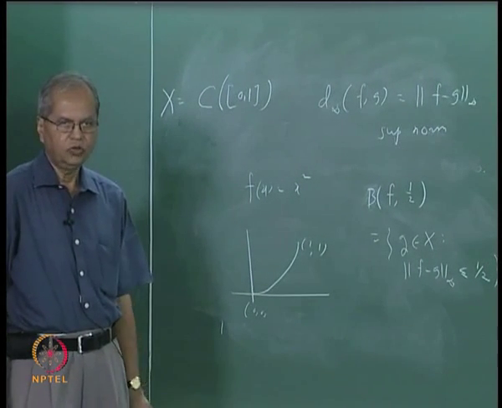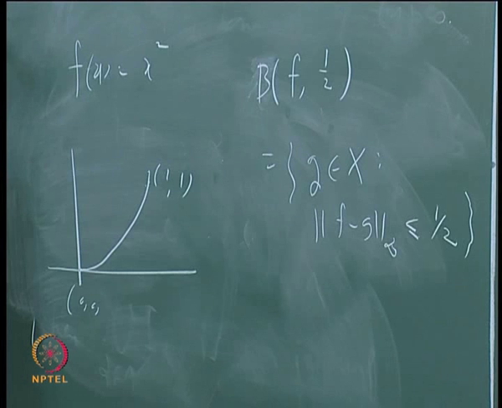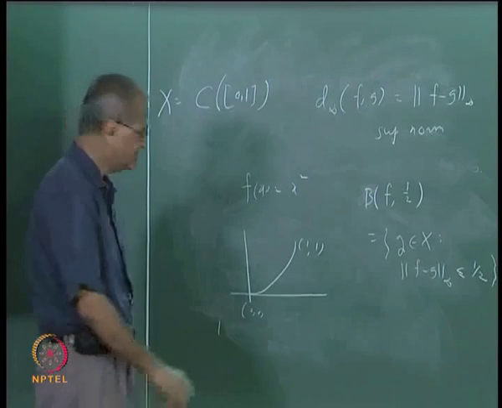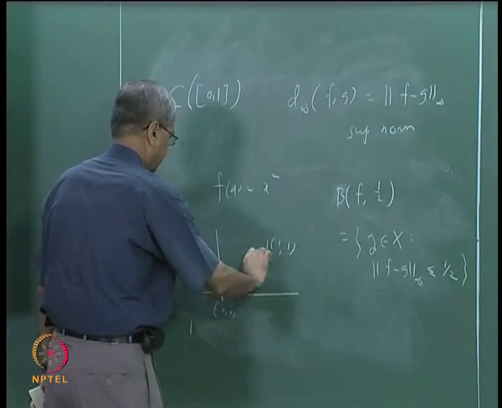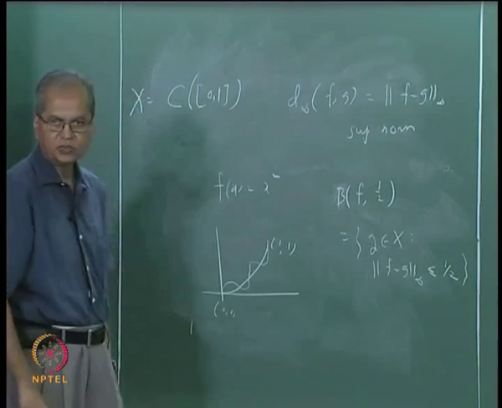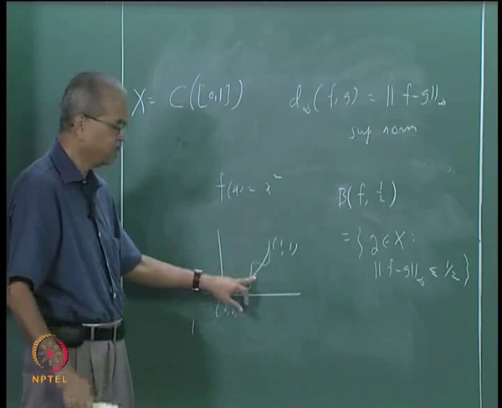Now, can we describe it in terms of graphs? Suppose there is a function g, and let us say its graph is something like this. What is the distance between f and g by definition?